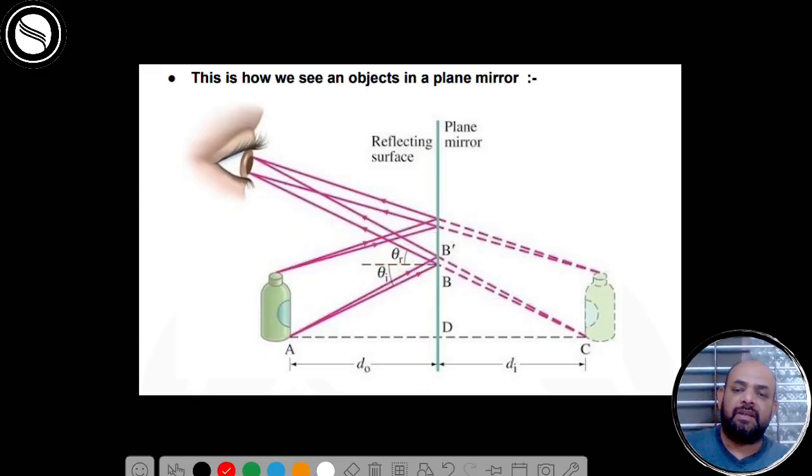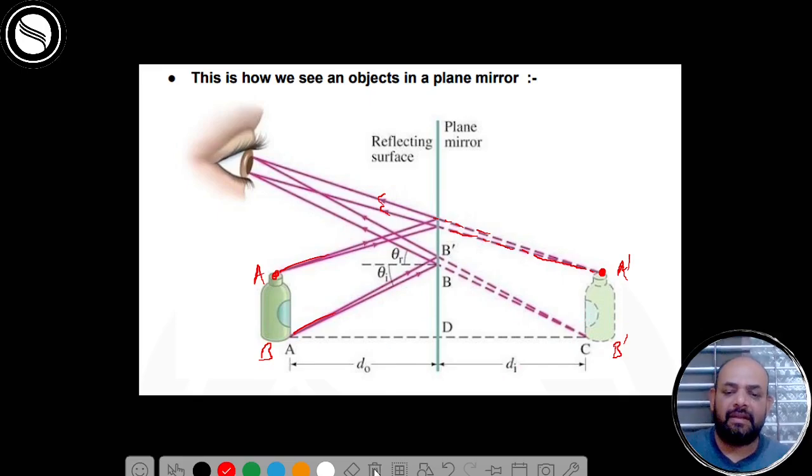Since these two rays are diverging, we assume that they are coming from somewhere behind. So we get the image of the top of the bottle at this position. Suppose this is A dash, and here this is B, then this will be B dash. We can take two rays from the bottom and two rays from the top, and form the image. So this is what is happening in reality.